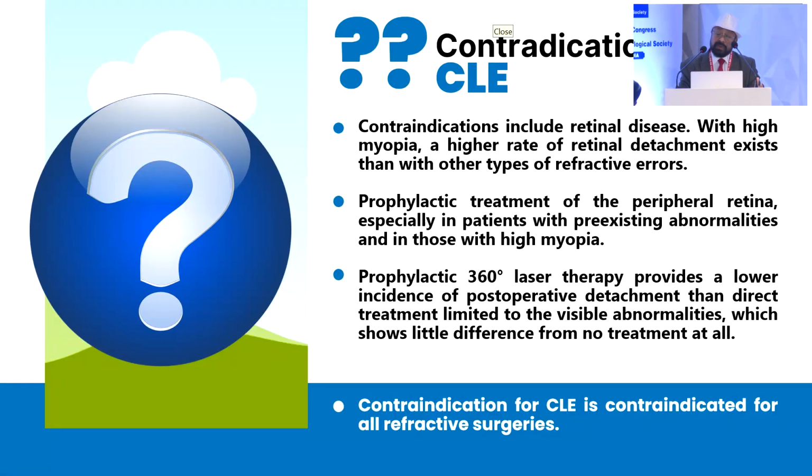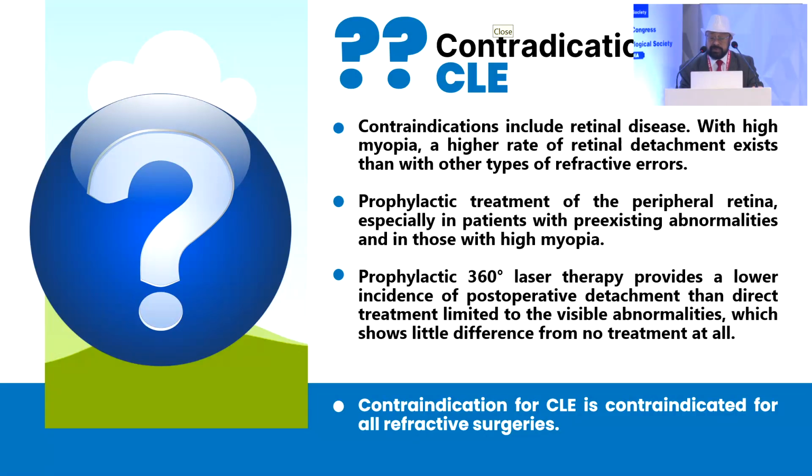If there is a retinal disease, very high myopia, a higher rate of retinal detachment exists, and other types of refractive error are there. Prophylactic treatment of the peripheral retina, especially in patients with pre-existing abnormality, has to be done. And prophylactic 360 degrees, many people do it.